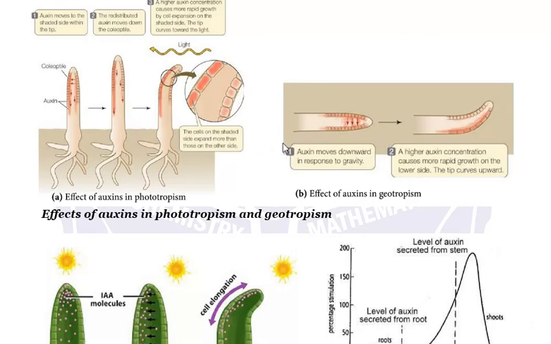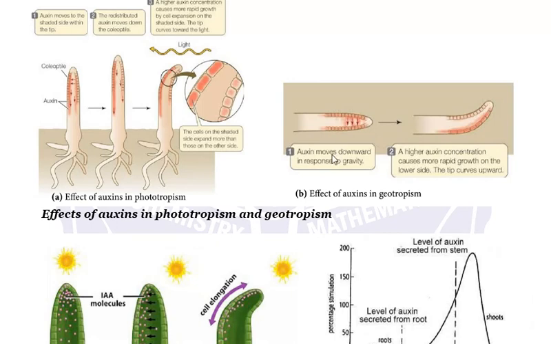Now again, if the coleoptile tip is horizontally directed, manake in this case the coleoptile was vertical, and we saw the effect of auxin on phototropism. But if the coleoptile tip is now in a horizontal direction, assuming the seed is germinating, what causes the shoot to move upward and the root to move downward is the effect of auxins.